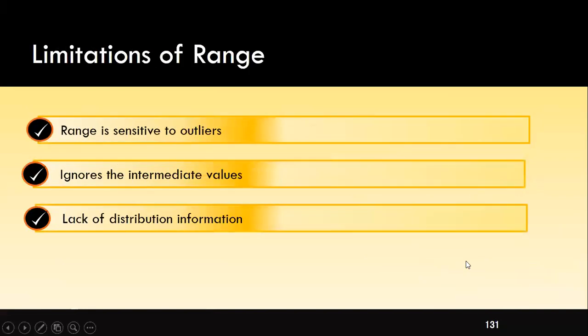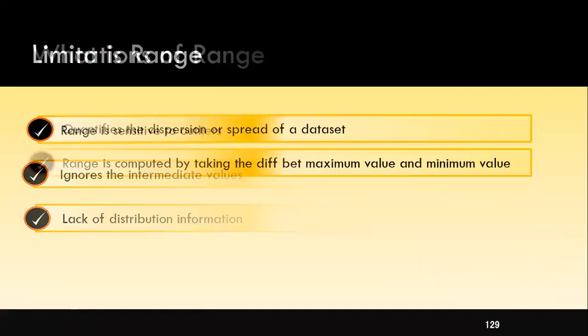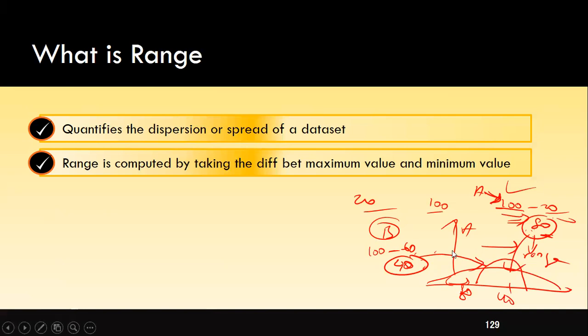There are limitations with range measures. The first is that it is sensitive to outliers. If you have an outlier in a data set, it shows that your spread is too wide. For example, in the previous case, look here. We have an outlier here. Maybe 100 is an outlier or 20 is an outlier.